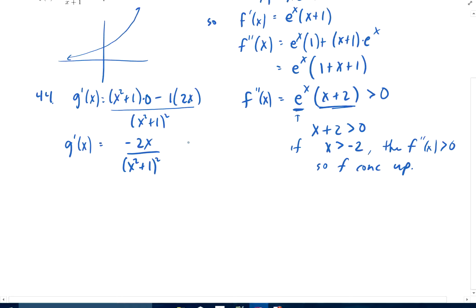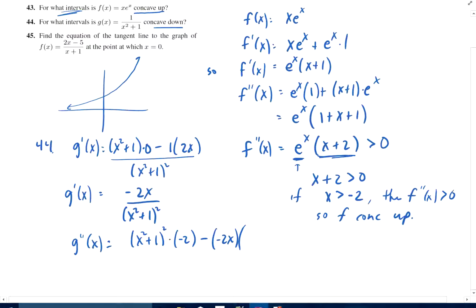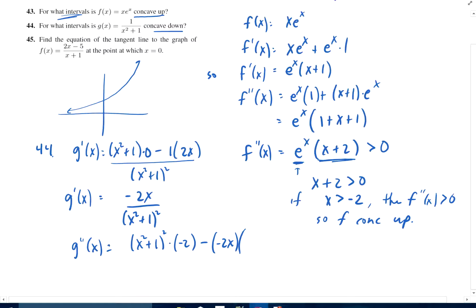All right, so let's do this. So g double prime of x is the bottom times the derivative of the top minus the top times the derivative of the bottom. Oh, we don't know how to do that yet, because of the chain rule.